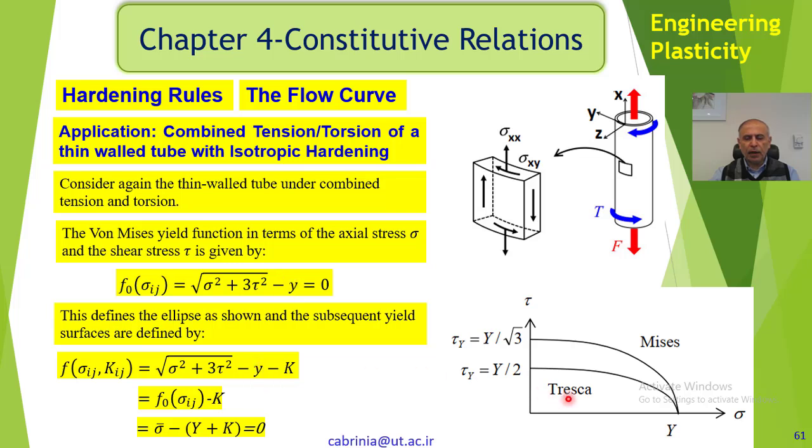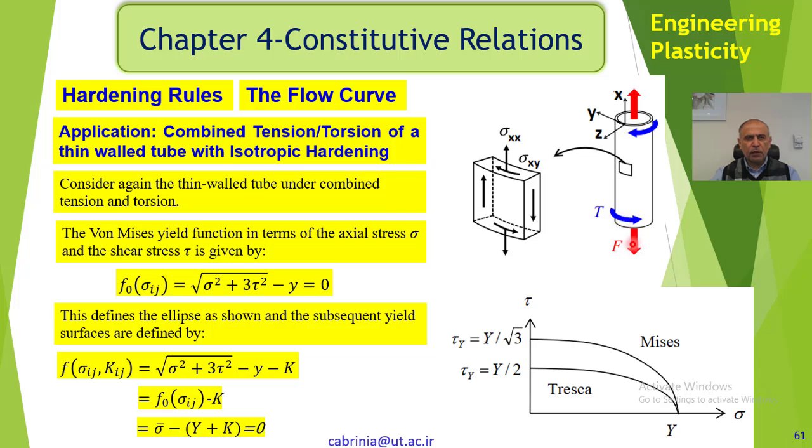It means that we have gone a step further, so we could put F0 of sigma ij minus k. Instead of F0 of sigma ij minus k, I can write sigma bar, that's the effective stress, minus Y plus k. Why did I write this? Because I have put sigma bar, because this is the effective stress. These are the stresses F and tau acting.